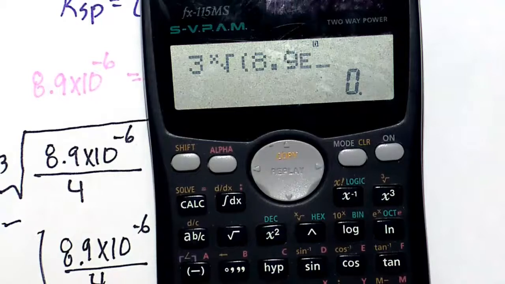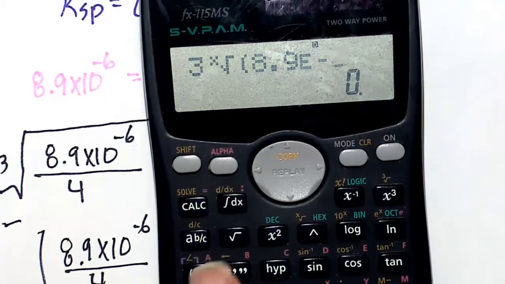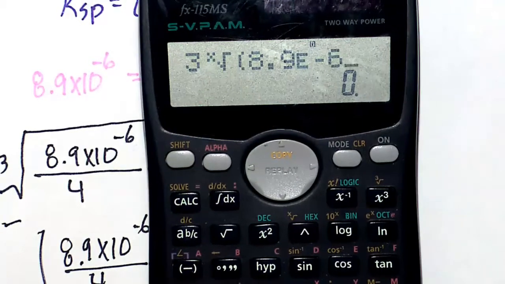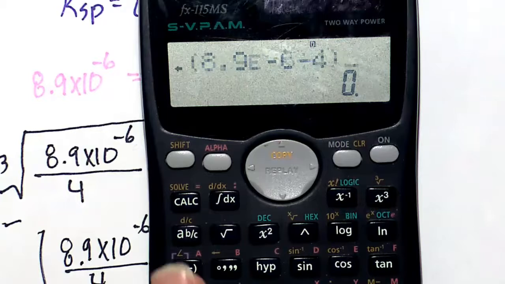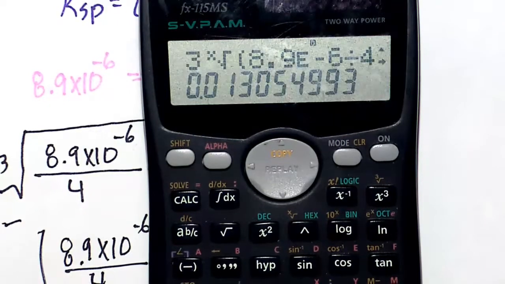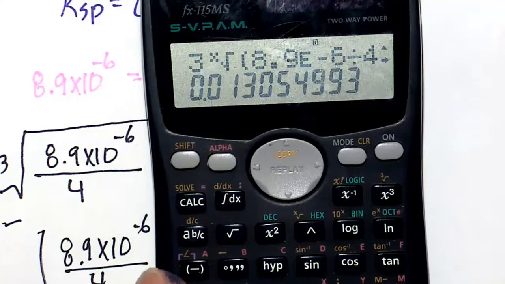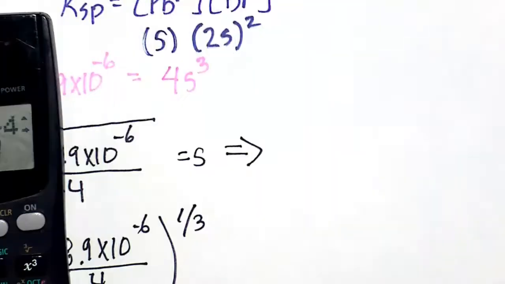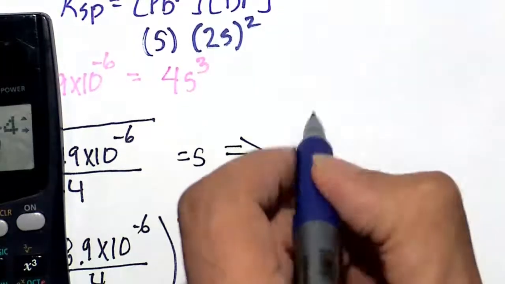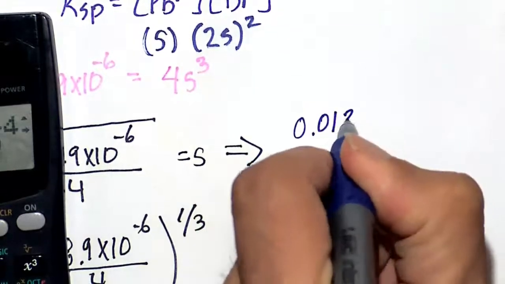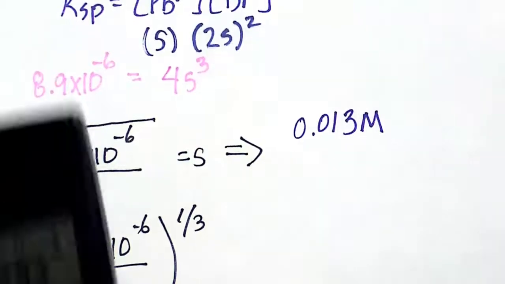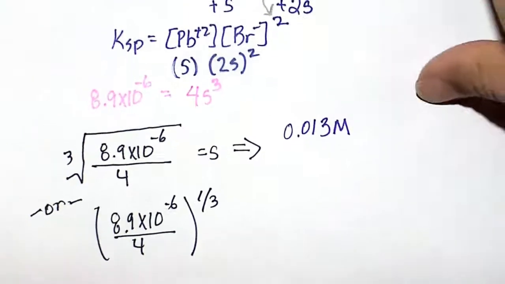I like to put in parentheses 8.9 times 10 to the minus 6 divided by 4. Don't forget to close those parentheses, and you should get an answer of 0.0131. Here you want to put in the units. The solubility is in units of molar, which is moles per liter. So 0.0131 is the solubility of lead 2 bromide in pure water.